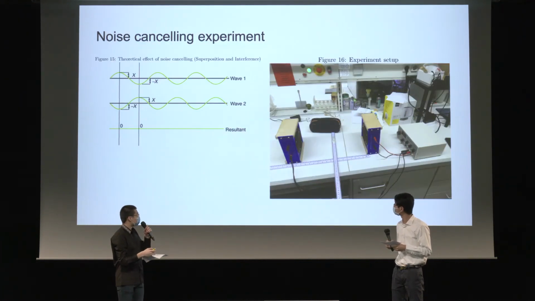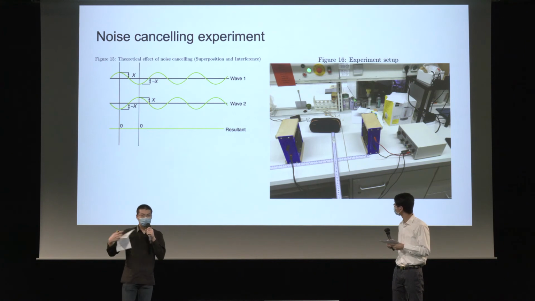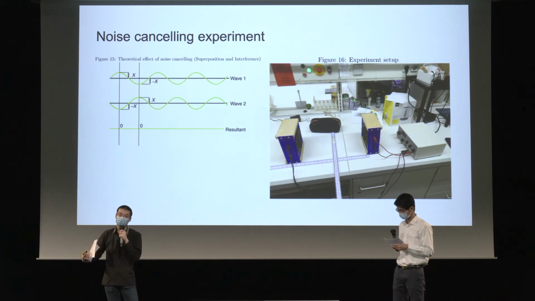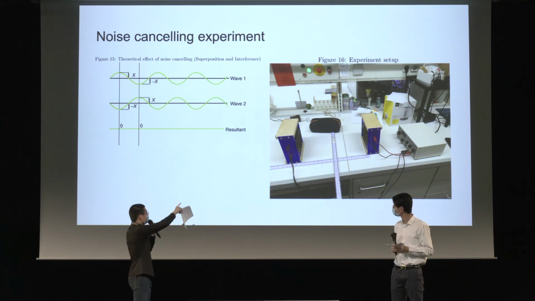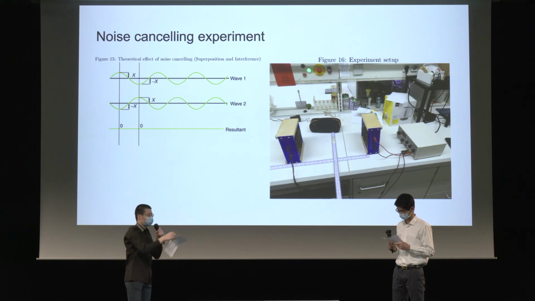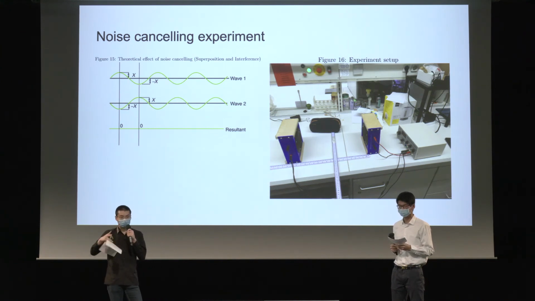In the second part of the experiment, we want to investigate the destructive interference of two sound waves. Therefore, we linked another speaker to the generator. However, we reversed the input-output to generate two sound waves with a phase difference of pi.